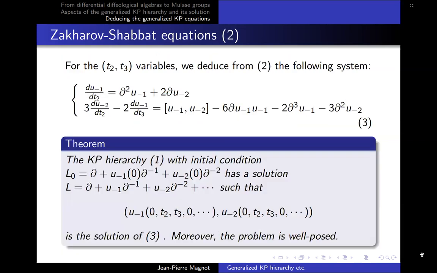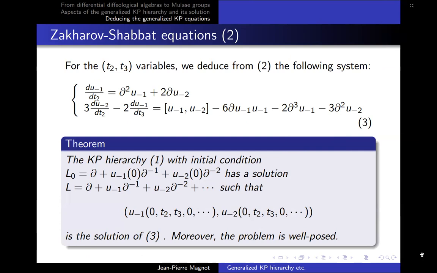Let us go now to the T2, T3 variables. So this is the classical way to get the KP equations, and we can deduce a system.